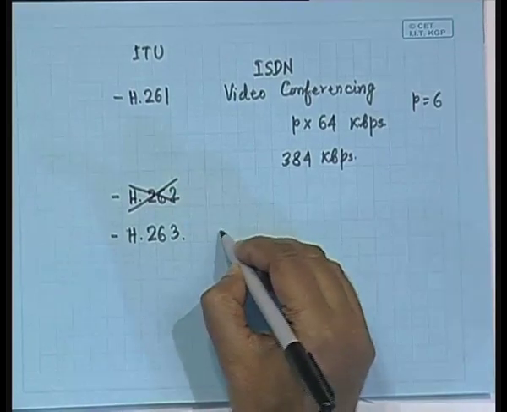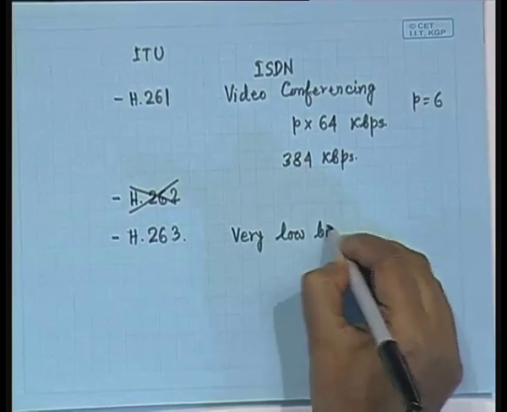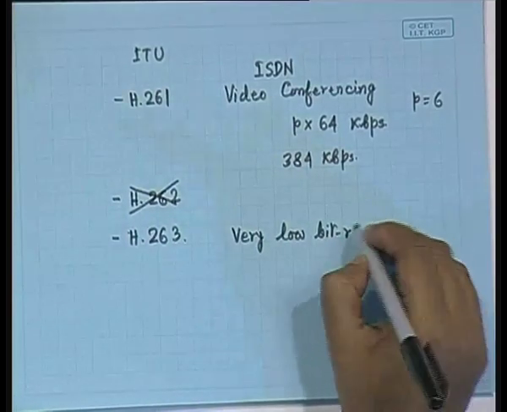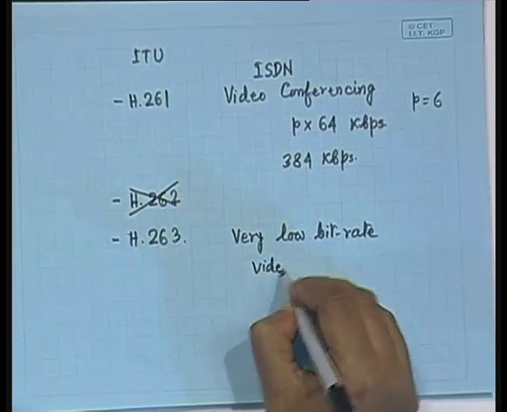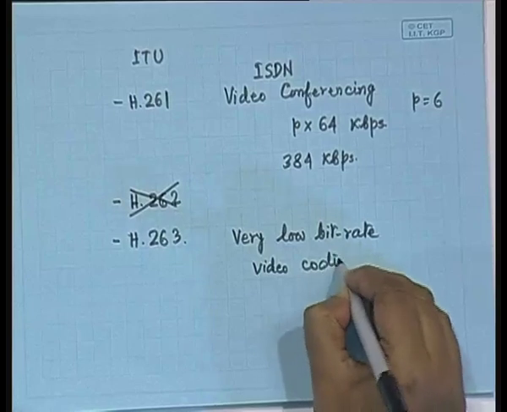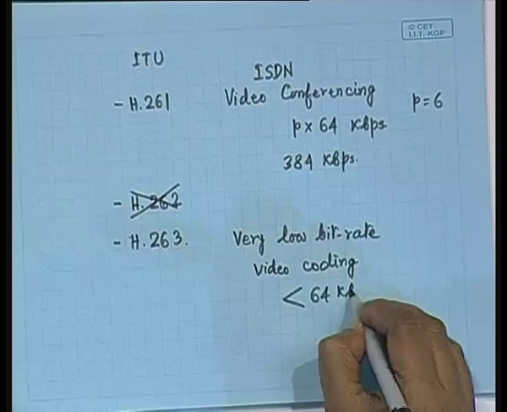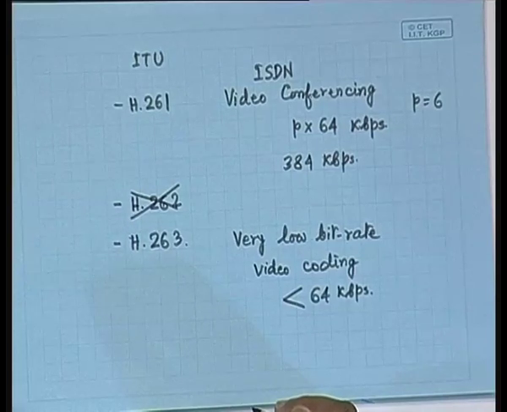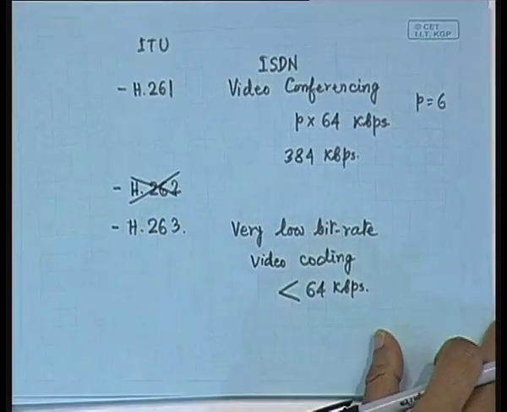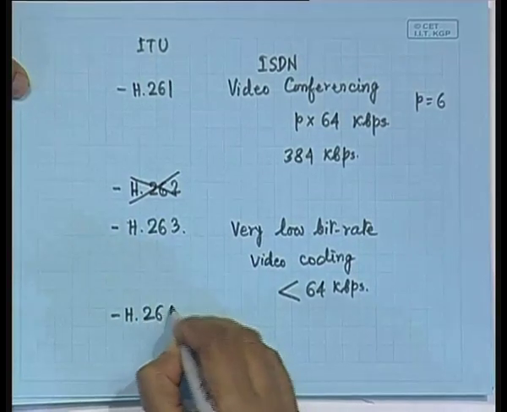Now, H.263 is for very low bit rate applications. So, it is very low bit rate video coding, and by very low bit rate we mean bandwidth less than 64 kilobits per second. So, it is a highly challenging one. And then there was the next standard, which is H.264.